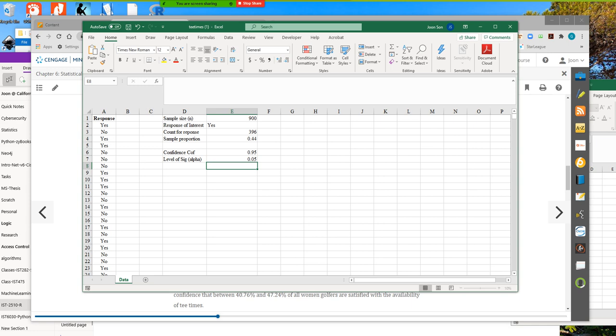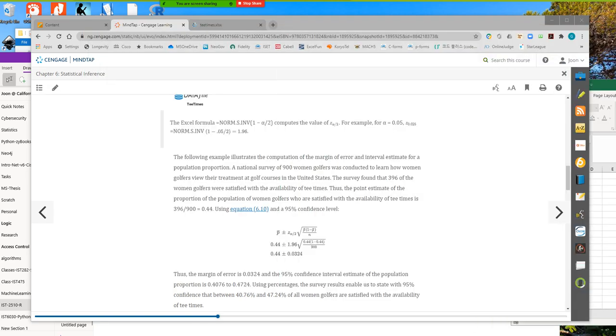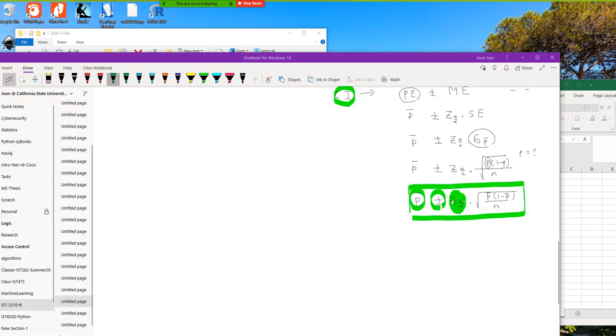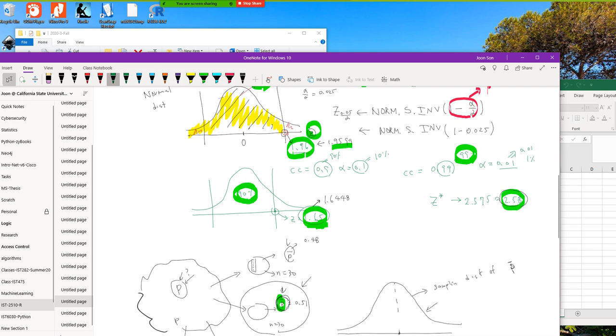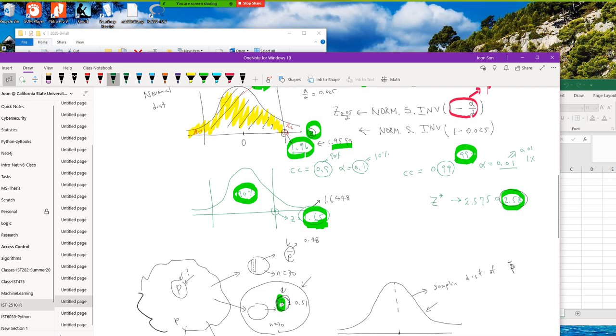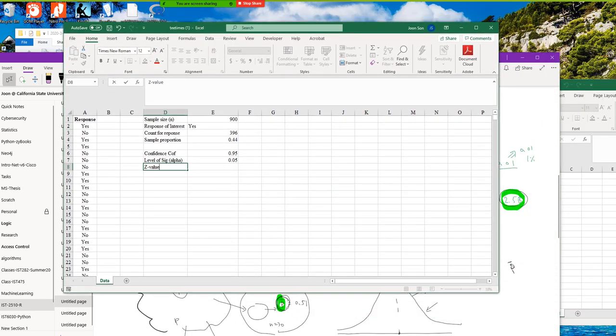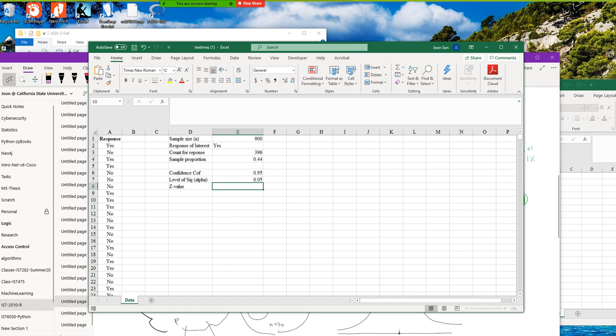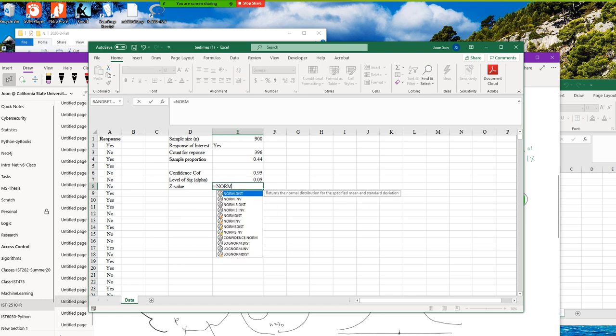Now we need to find the z value. But we don't really have to find it, because we know that for 95% confidence, our z value is 1.9599, so we can use 1.96. But let's just use the Excel spreadsheet: NORM.S.INV of 1 minus the level of significance divided by 2.